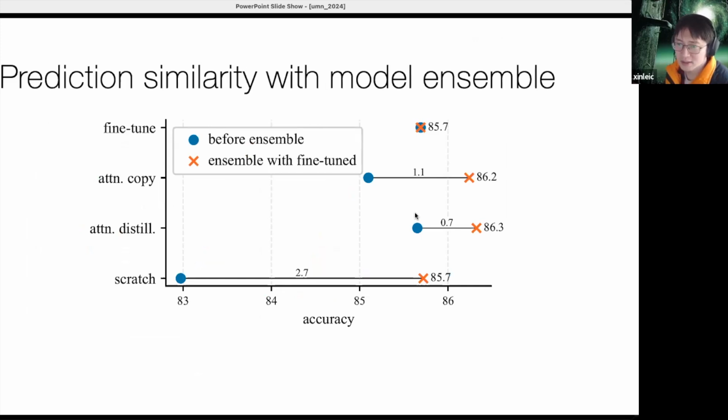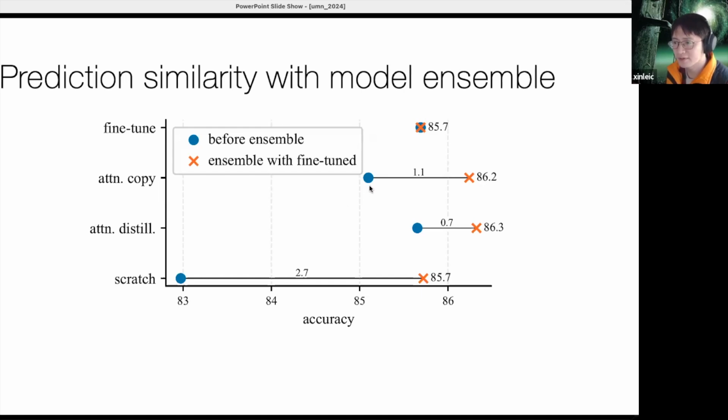We also did this comparison by model ensembling. Here we can ensemble the fine-tuned model with the attention copied model, and we can ensemble it with the attention distilled model. In both cases, we find that it helps on top of each of the models.